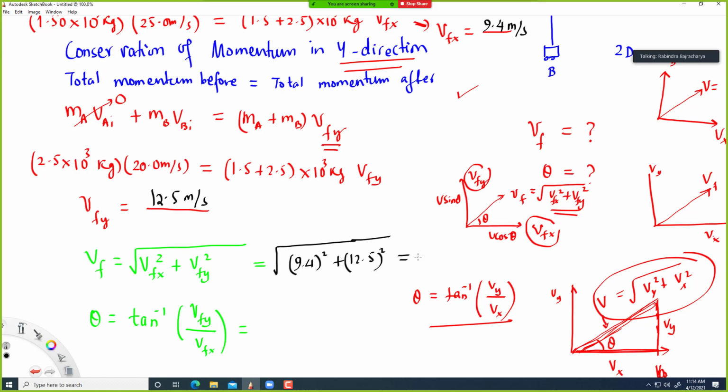See what you get. 15.6 meters per second.